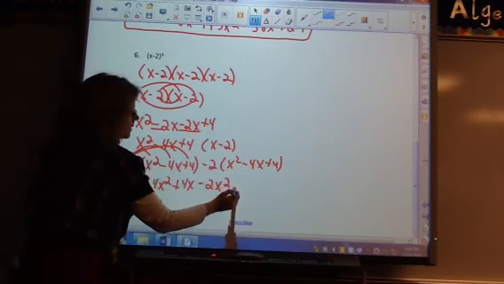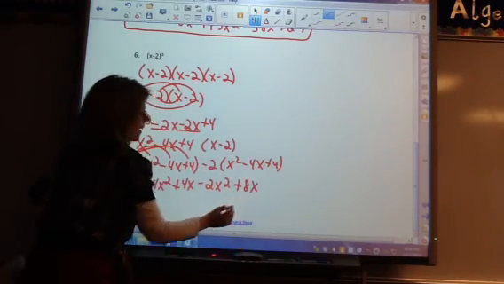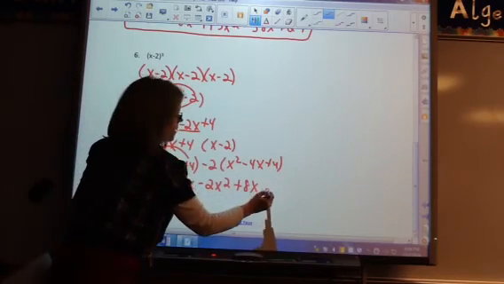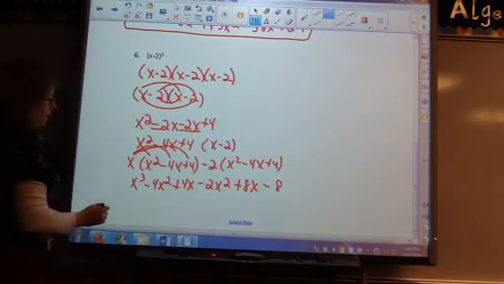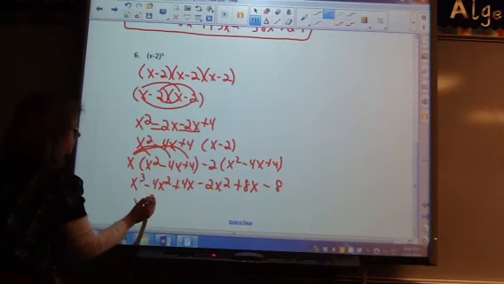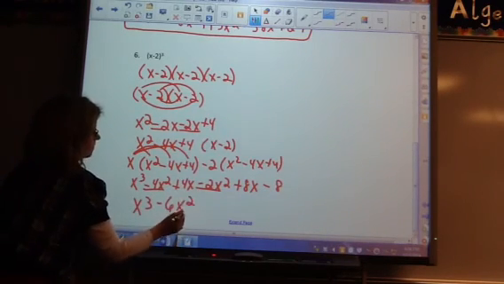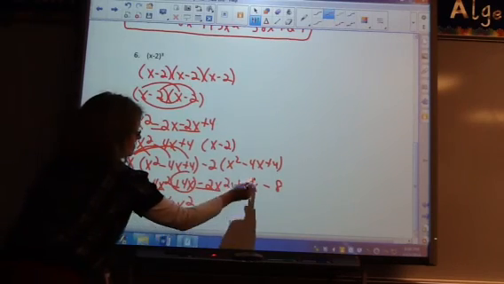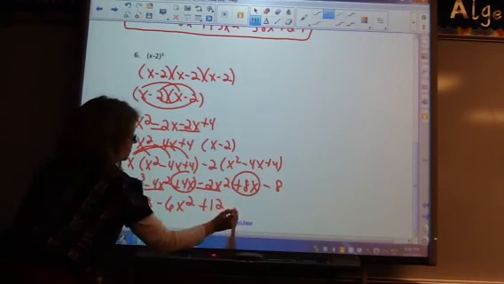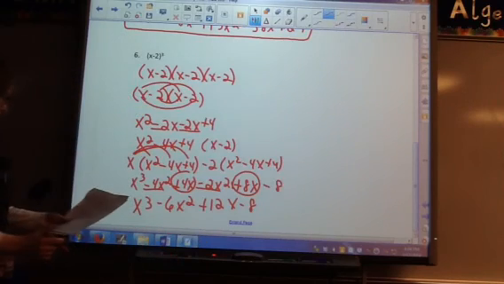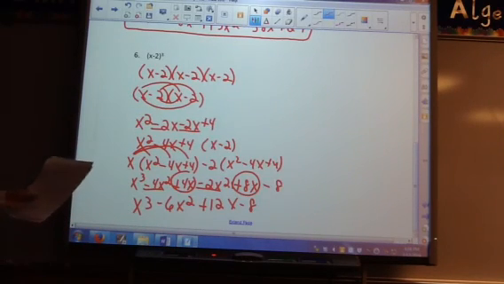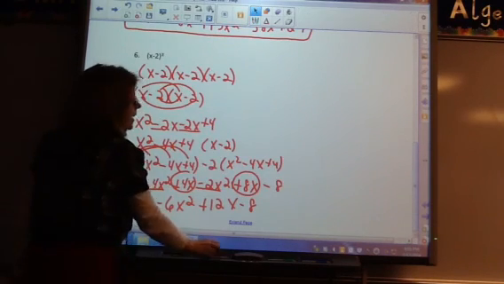That's negative 2 times a negative 4x, negative 2 times a positive 4. Combine like terms. My final answer there is x cubed minus 6x squared plus 12x minus 8.